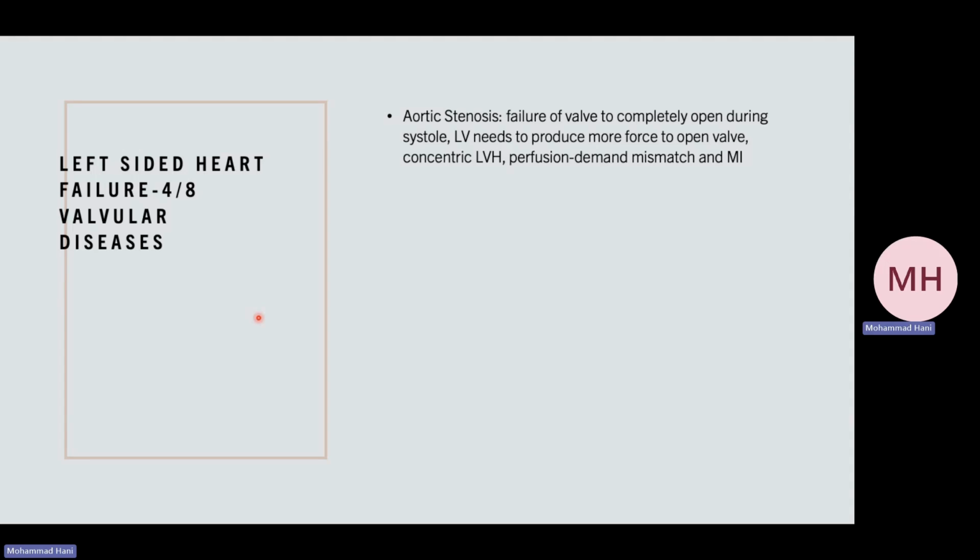So the left ventricle technically needs to produce a greater pressure, greater force, to forcefully open the valve. Compensation for this again is concentric left ventricular hypertrophy, so it can produce greater force. And with the left ventricular hypertrophy, you have a perfusion demand mismatch, and then it could lead to myocardial infarction.